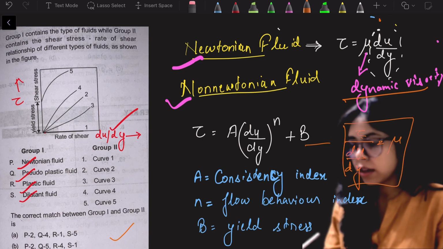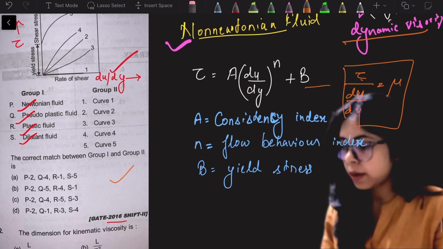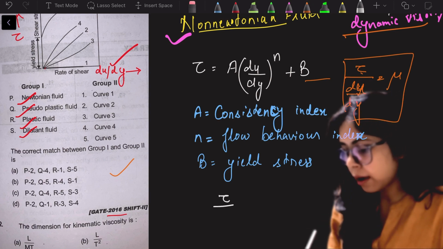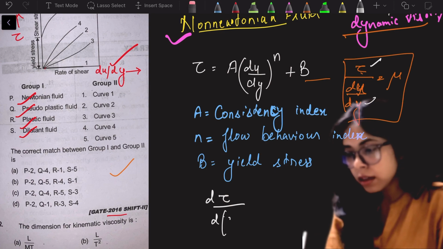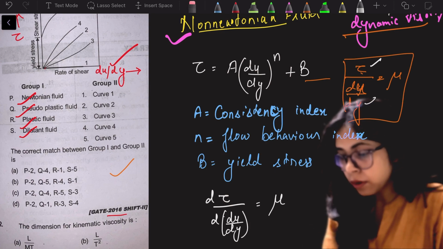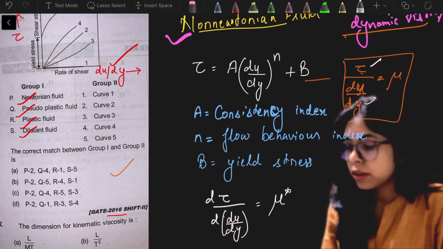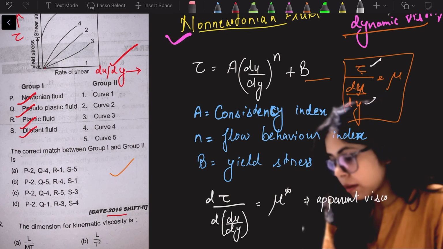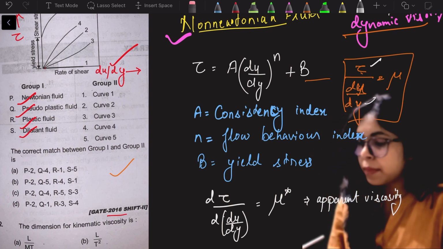This is your real viscosity, the dynamic viscosity. If we want to know the apparent viscosity, that is given by d of tau with d of du over dy, mu star we can say. That mu star is nothing but the apparent viscosity.